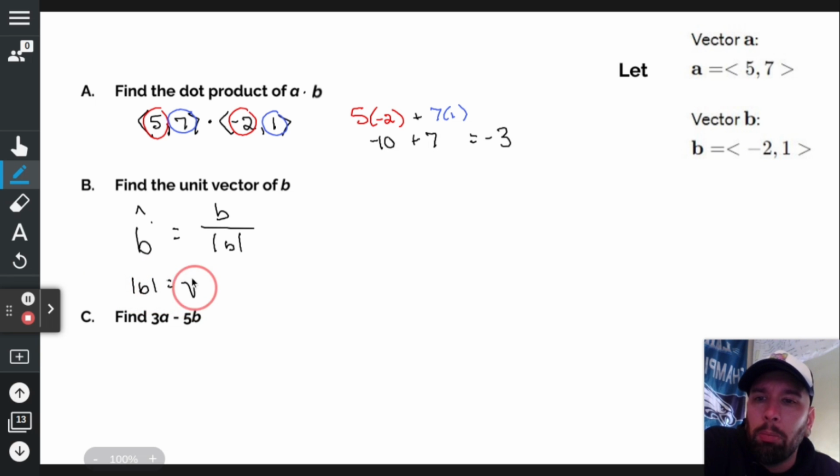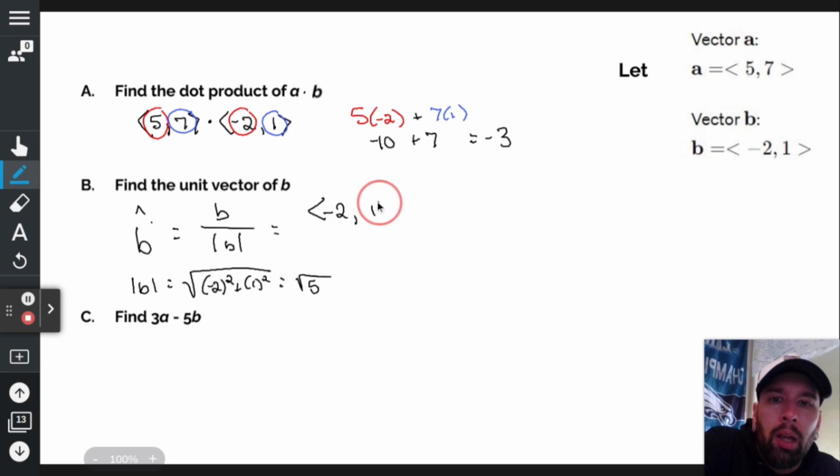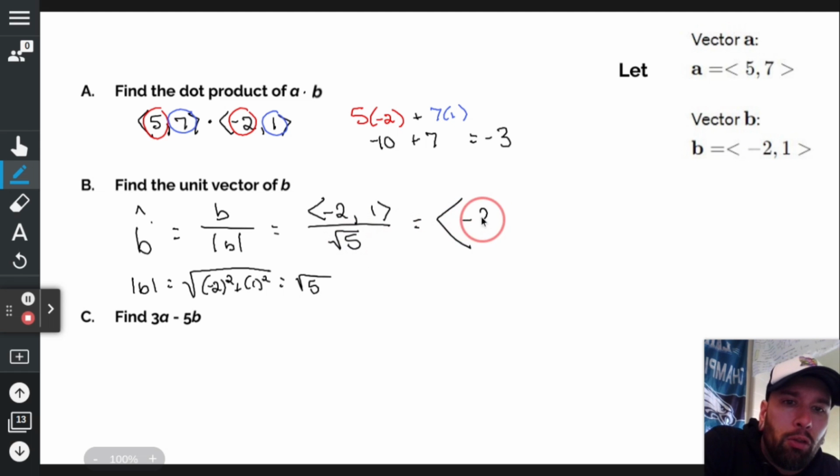B is going to be -2 squared plus 1 squared, which is going to be 4 plus 1, which is going to be the square root of 5. So B is -2, 1 divided by √5, which makes this -2 over √5, 1 over √5.